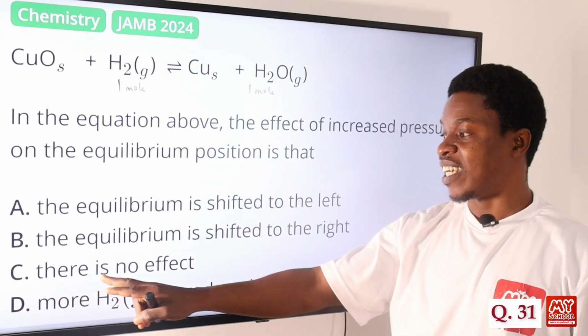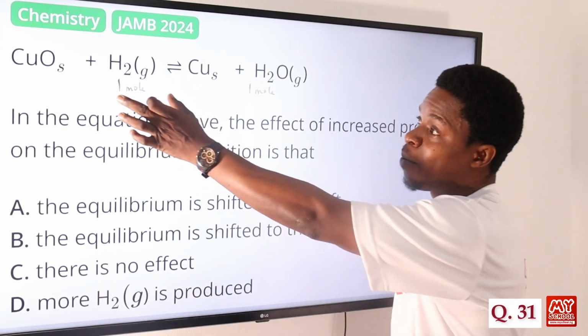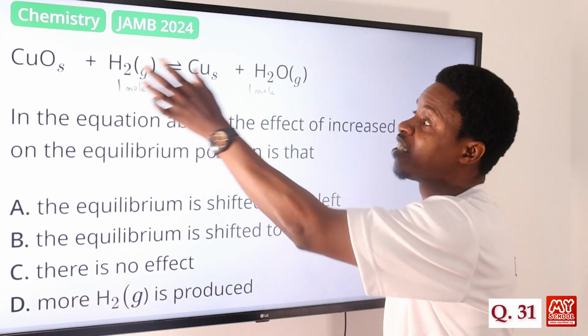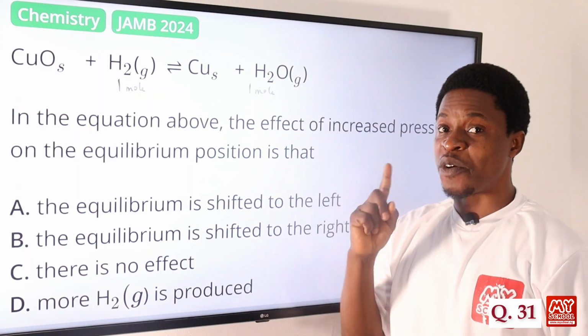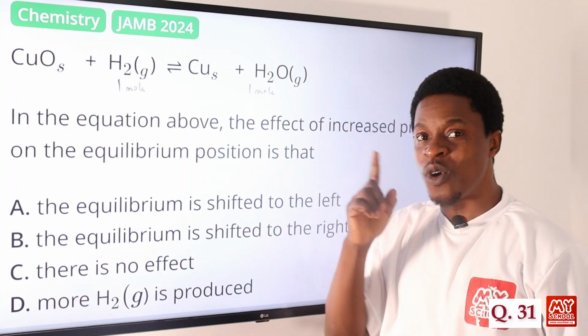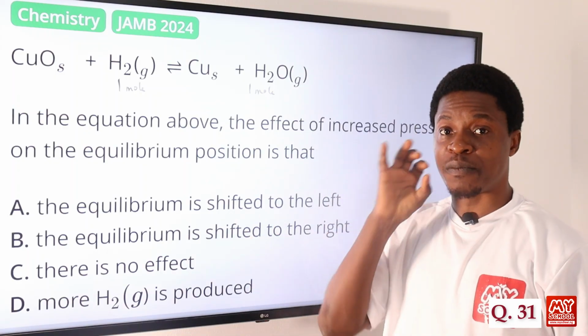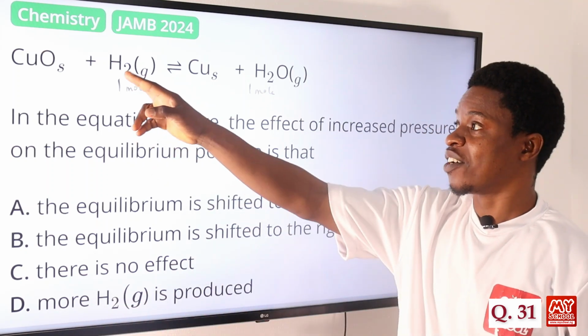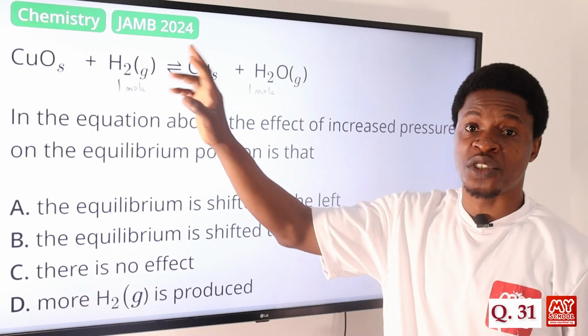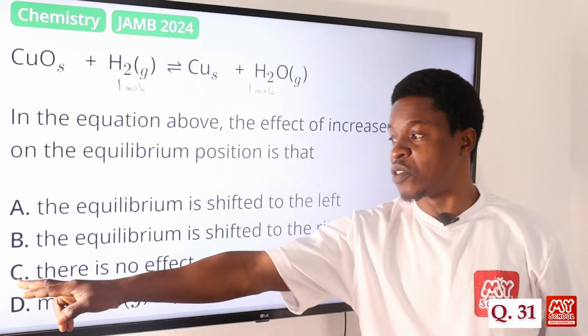Option C says there is no effect. Yes, because the number of moles of the gaseous substance on the left hand side is equal to the number on the right hand side. Don't forget, only gaseous substances matter when it comes to the effect of pressure in equilibrium. Another option says more hydrogen gas is produced. No, because that would mean the left side is favored. So the correct answer here is option C.